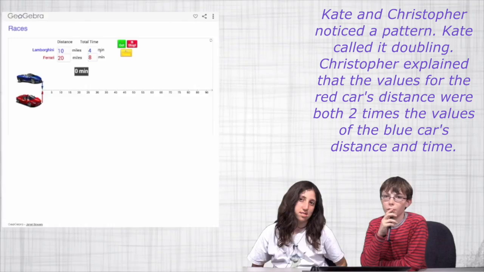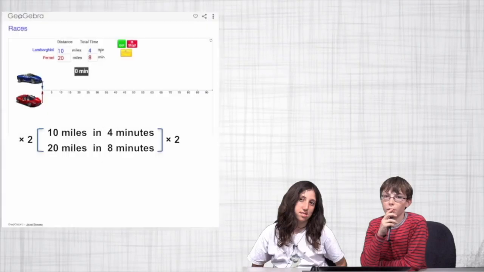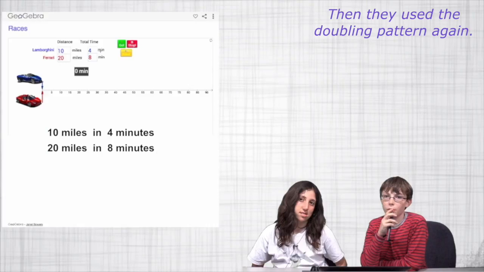Kate and Christopher noticed a pattern. Kate called it doubling. Christopher explained that the values for the red car's distance and time are both 2 times the values of the blue car's distance and time. Then they used the doubling pattern again.